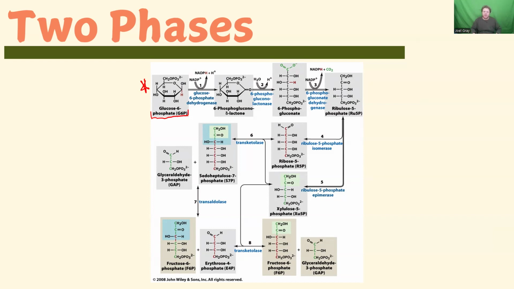Well, where do you think that came from? If you think about the learning objectives, we're going to talk about how this pathway interacts with glycolysis. Well, what's the first metabolite that's produced in glycolysis? That's none other than glucose 6 phosphate. So I think that this is a good point to remember.